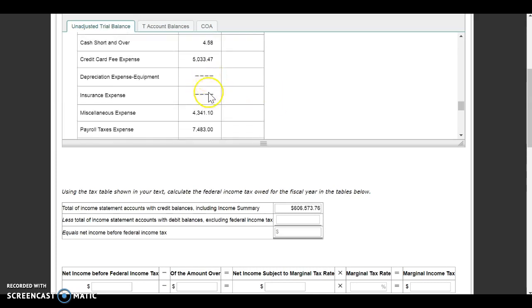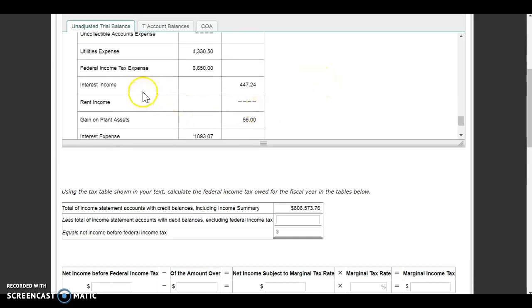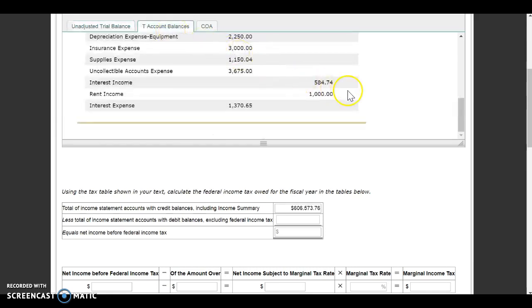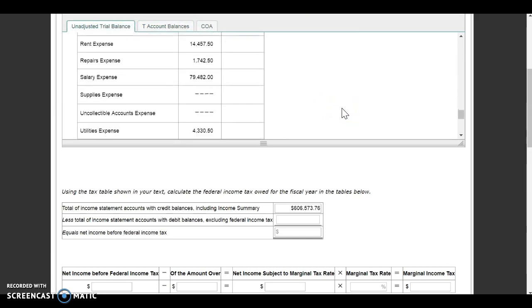Here, those two expenses, those are both going to be debit, so I don't have to worry about looking at those. My interest income. Now I did change my interest income, so I'm going to go back to my T accounts. Here's my interest income, and I'm going to add this number. Scroll back down to my interest income.